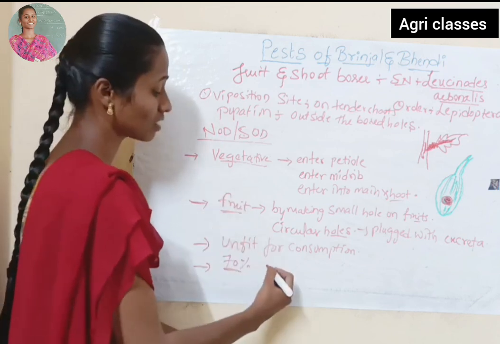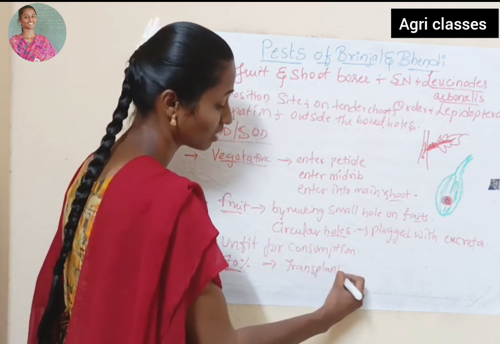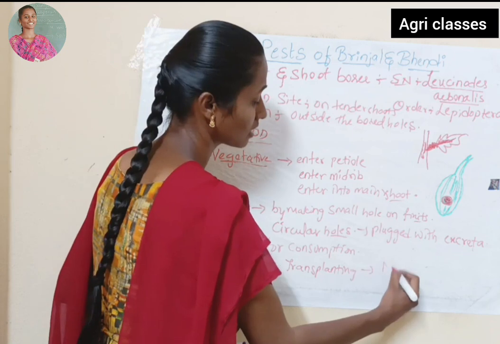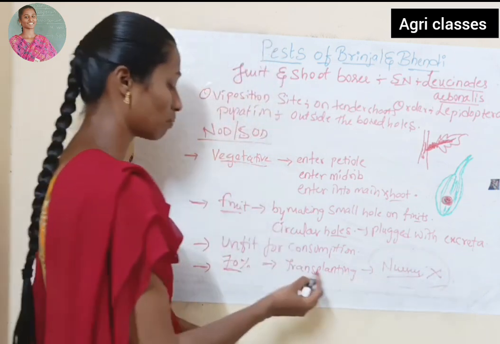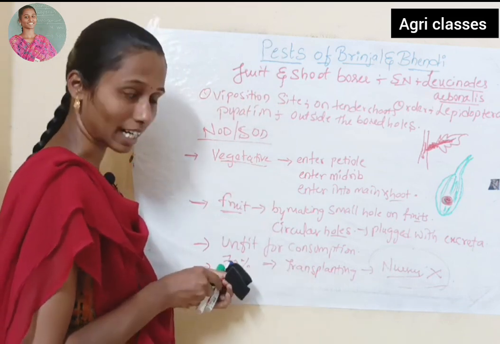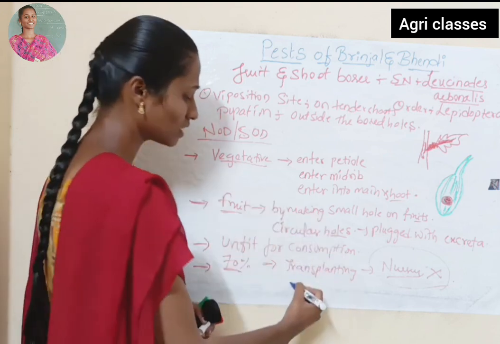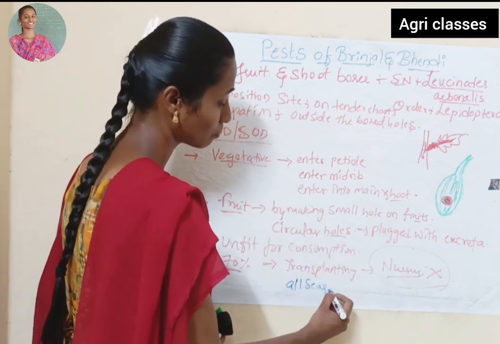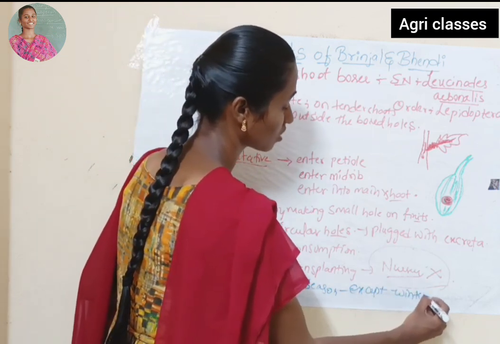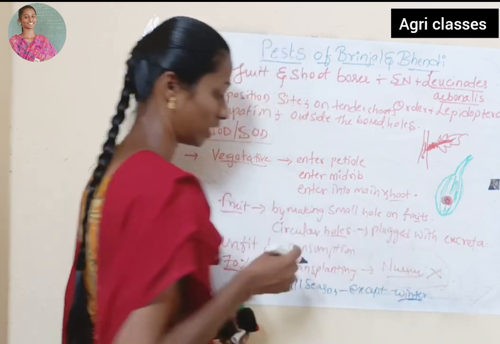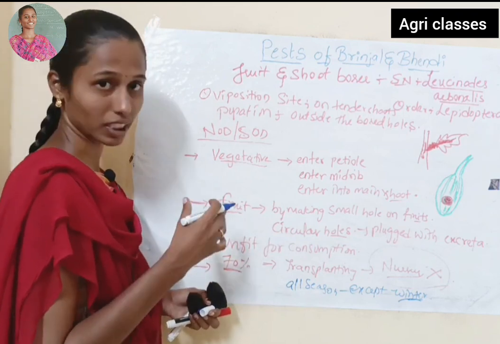Mainly we can see this attack after transplanting, and in nurseries we can't observe any fruit and shoot borer. We can observe this pest all 365 days except the winter season. Okay, so this is about nature of damage and symptoms of damage.